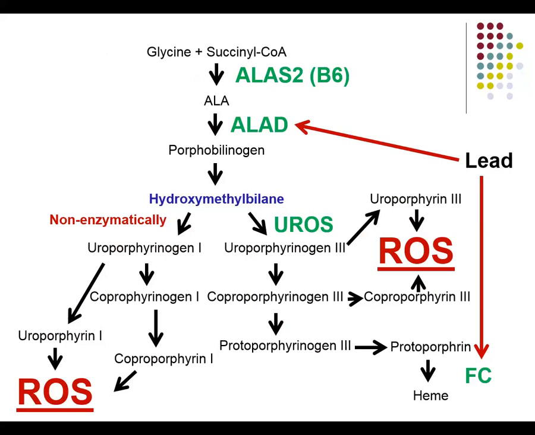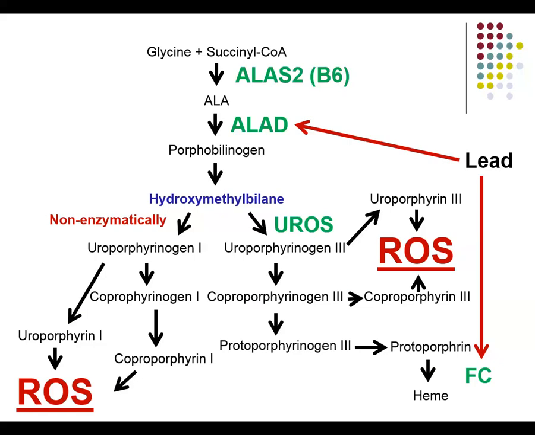Lead, the heavy metal, inhibits the catalytic activities of both ALA dehydratase and ferrochelatase. Lead inhibition leads to hypochromic microcytic anemia because of the inability to make heme and therefore the inability to make hemoglobin. And the inhibition of ALA dehydratase leads to an increase in delta-aminolevulinic acid in the blood and in the urine. So these are a good diagnostic tool.